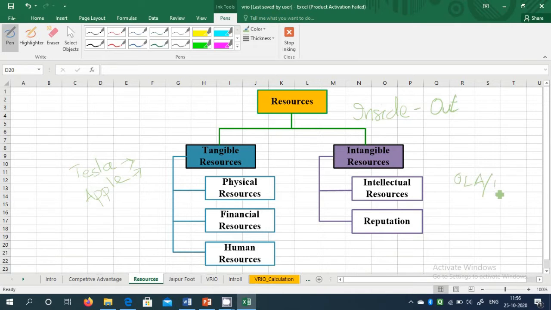Now there is a new type, Ola, Uber. Or you can say in the case of OLX, for car purchase, earlier also physical stores were there.